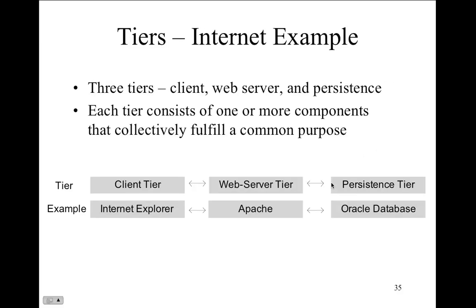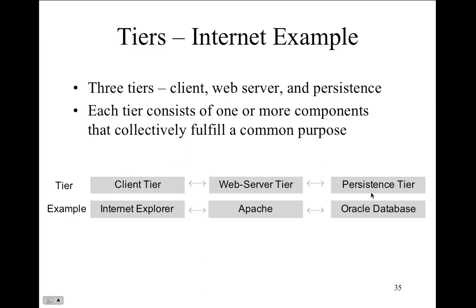Then we have tiering, as in the 3-tier system I've given you so far, where we have the client, the web server, and then the application server. The application server can be considered the persistence tier because it's delivering the persistent data.